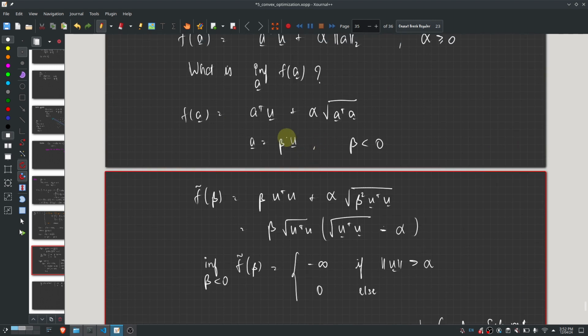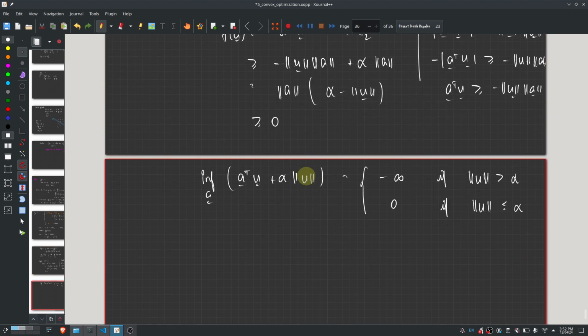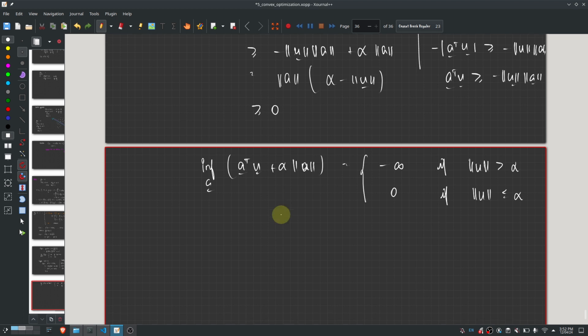Correct. So f of a is a transpose u plus alpha times norm of a. Oh, here. You mean to say on the left hand side? That's correct. Thanks.